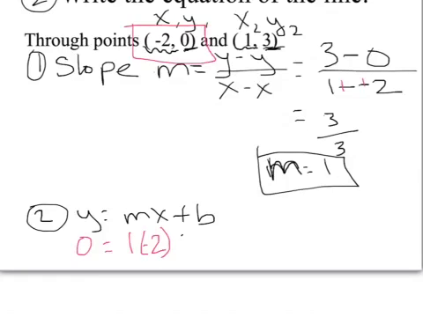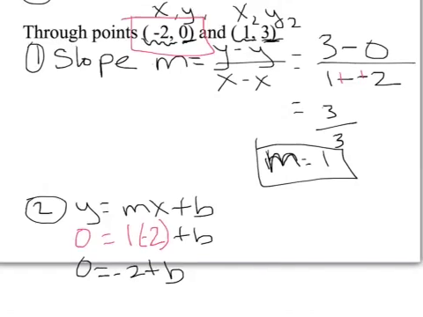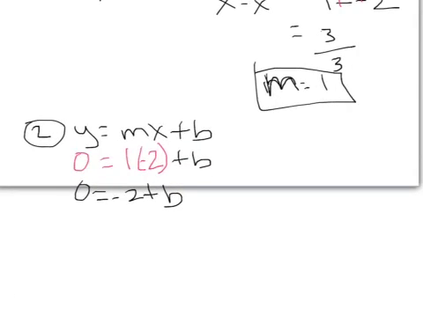And then I don't know what my b is. That's what I'm trying to solve for. So 0 is going to equal -2 plus b. So then I want to add 2 to both sides to get b by itself.